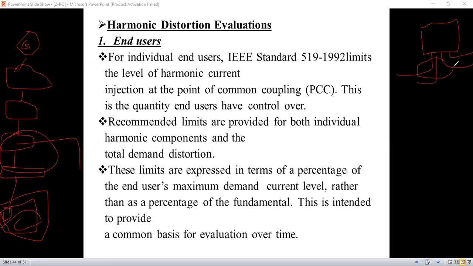If we consider a bus here, with one load given and two or more utility connections, that point of connection is called the common coupling point.